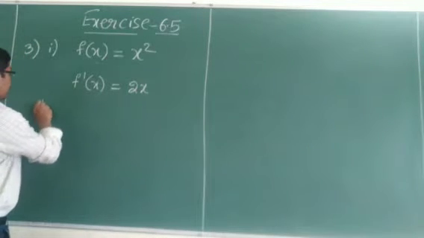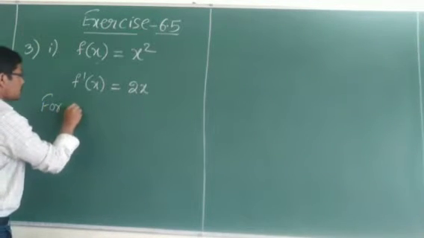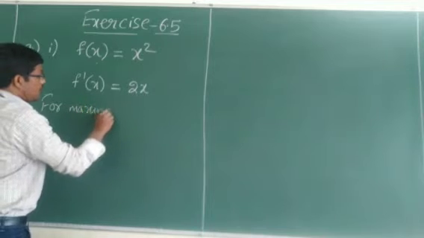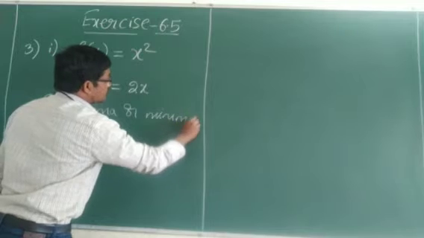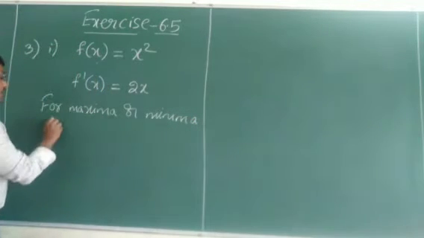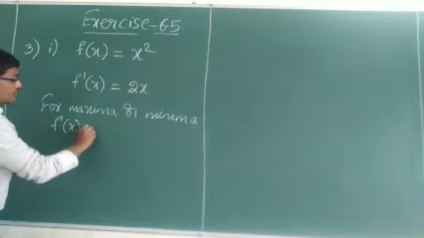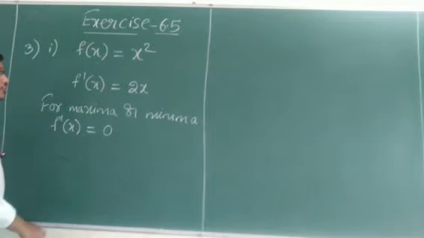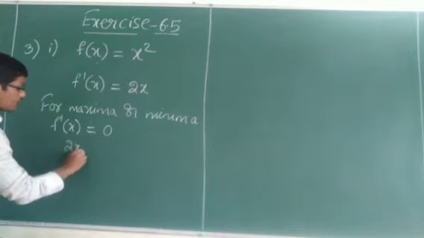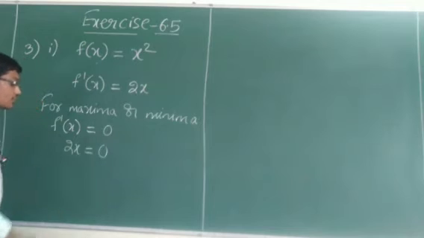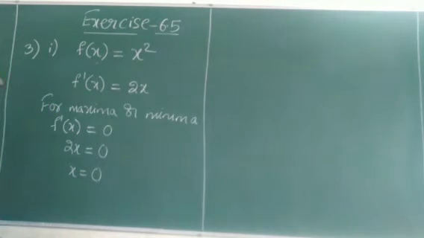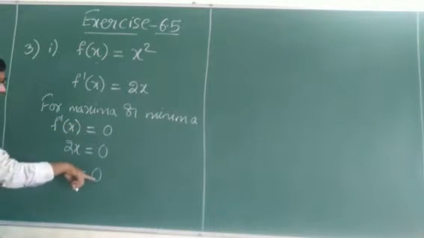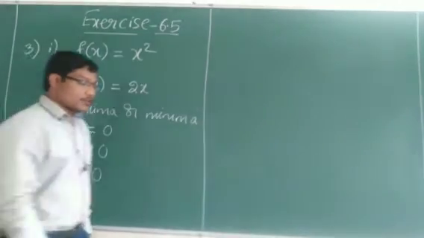Next step, for maxima or minima, f dash of x must be equal to 0. Therefore, we get 2x equal to 0 and x is equal to 0. This x equal to 0 is a critical point.